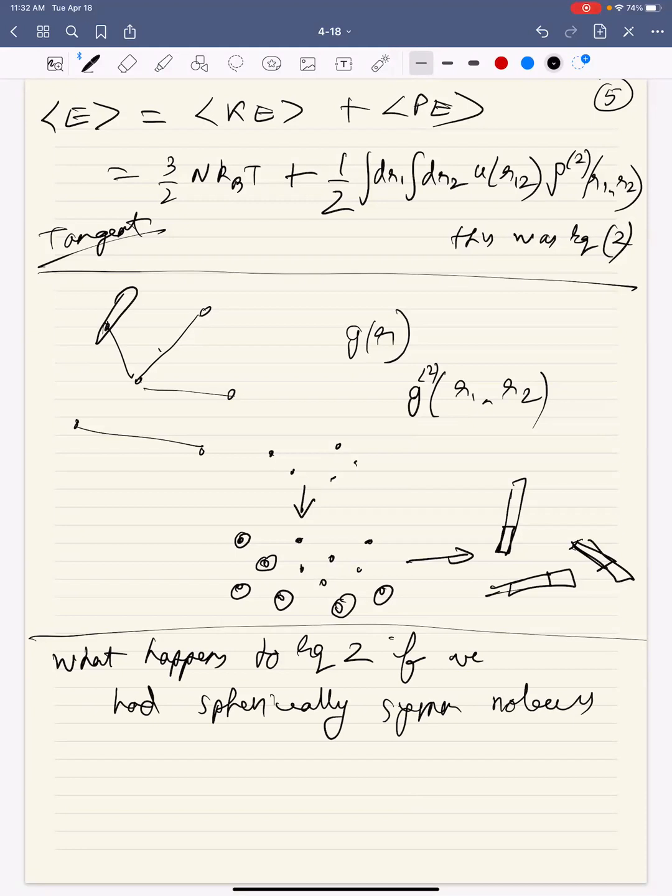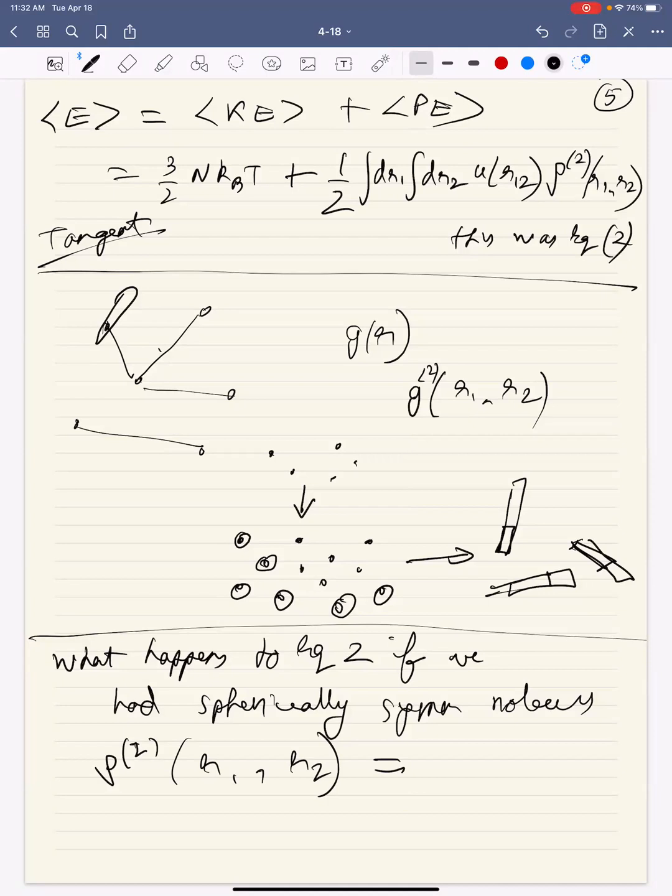What should we do to equation 2? What's the first thing we should do? We can simplify rho 2 of r1, r2, right? So we can write down rho 2 of r1, r2 for spherically symmetric molecules. Anyone remember what's the expression for this? Arman, do you remember? In terms of g of r?